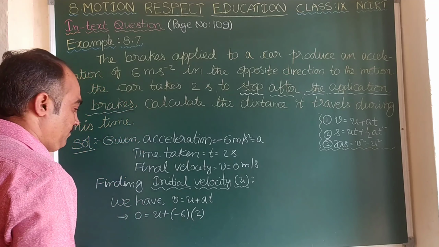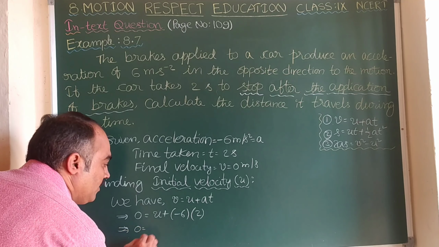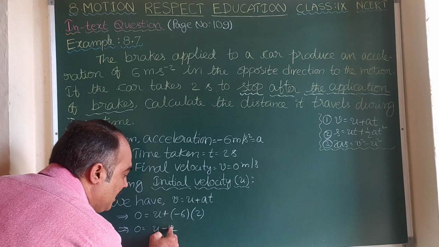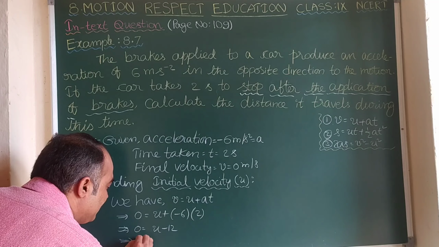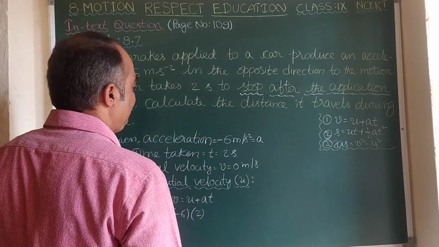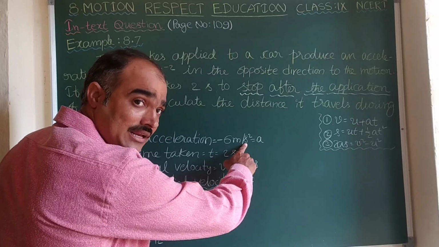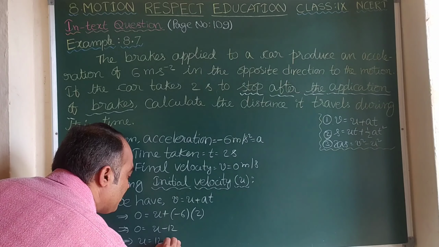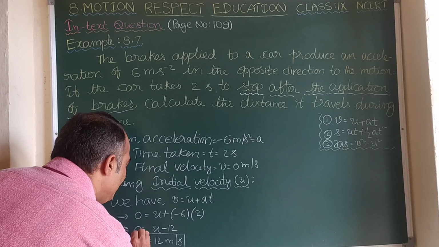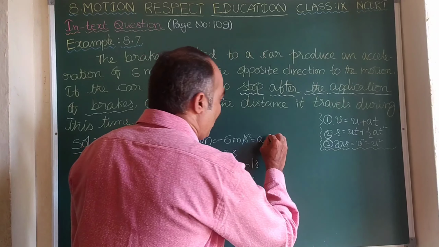On simplification, 0 is equal to u, plus and minus is minus, 6 into 2 is 12, so minus 12. Let us send minus 12 to this side, then u will be 12. What about the units? Final velocity is in meter per second, time is in second, acceleration is in meter per second square, so u will definitely be in meter per second. So we got the value of u, using which we are going to find the distance traveled by the car.